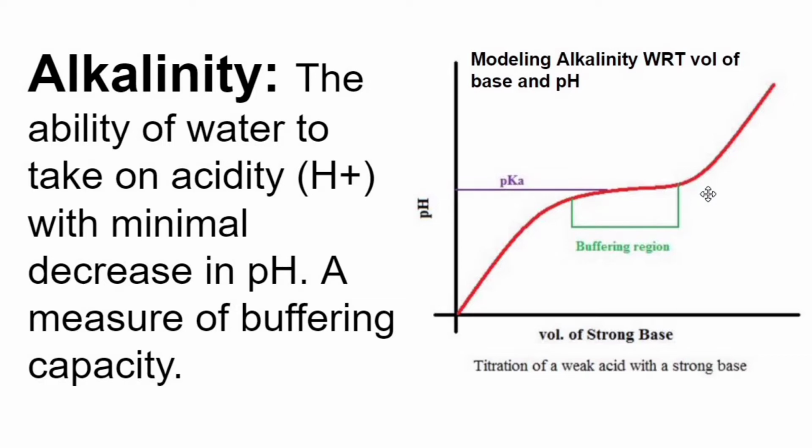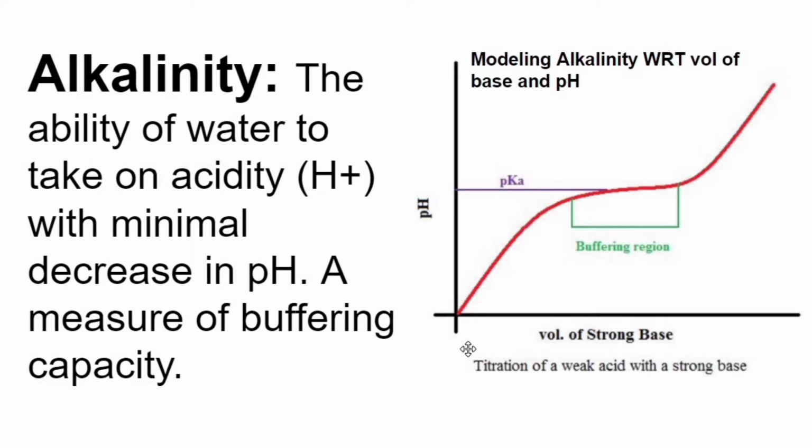As you can see on the graph right here, we have a graph of pH versus volume of strong base. This also works for volume of strong acid. The graph would just be in the opposite direction. And right here we see the buffering region, which is what the buffering capacity is referring to.